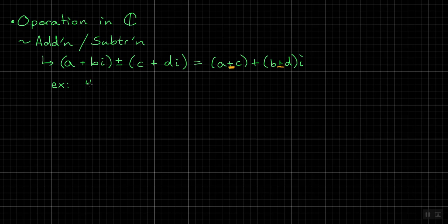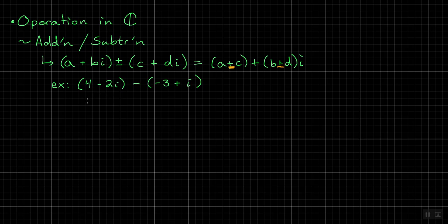Let's do 4 minus 2i minus negative 3 plus i. Do the parentheses matter? I need to stop saying okay as my transition word.